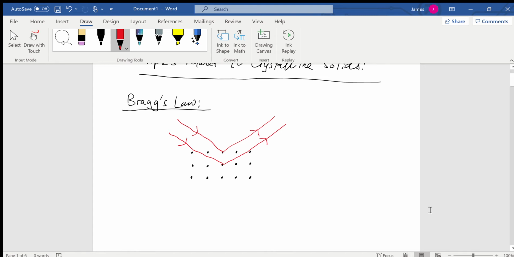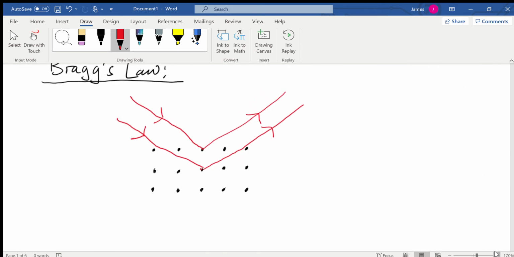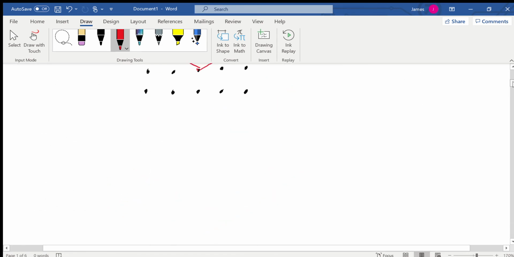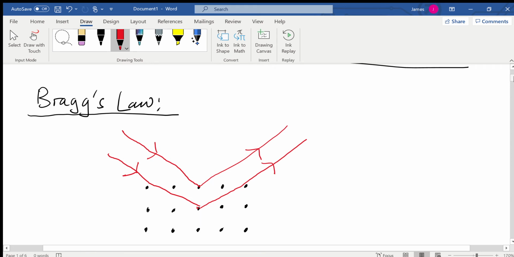Let's zoom in a little bit so we can see what's happening between those two layers. I'm interested in the separation of these layers. So let the separation of these layers be a distance d. Let's drop a right angle from the first X-ray, which we'll call X-ray 1.